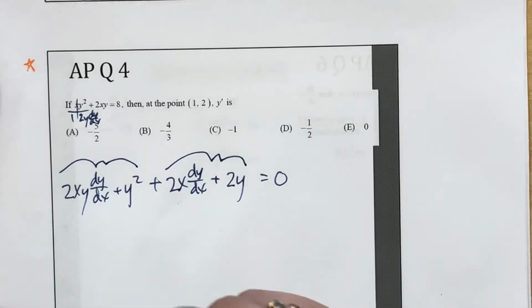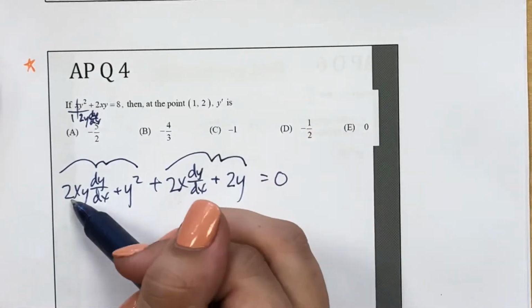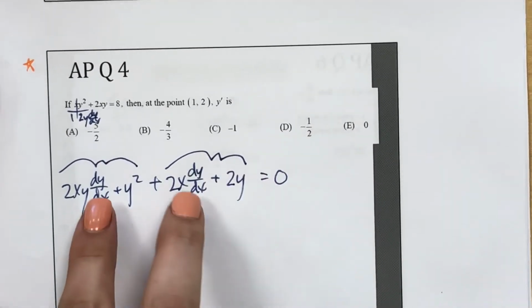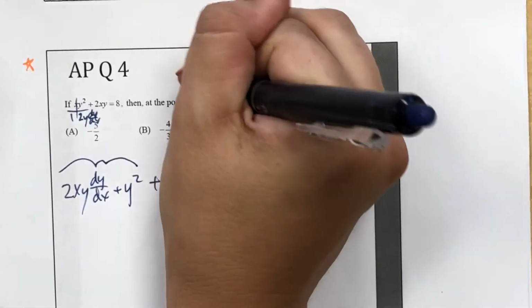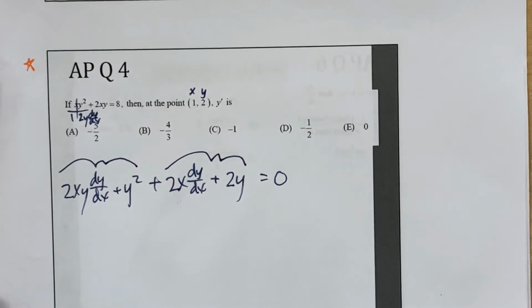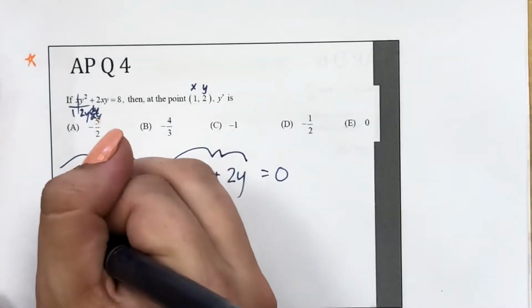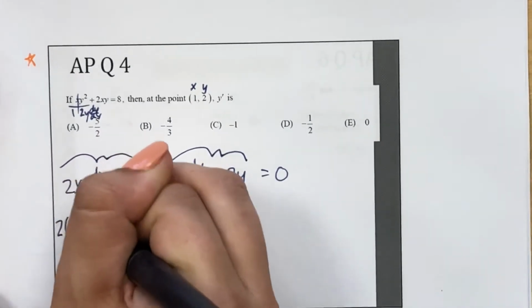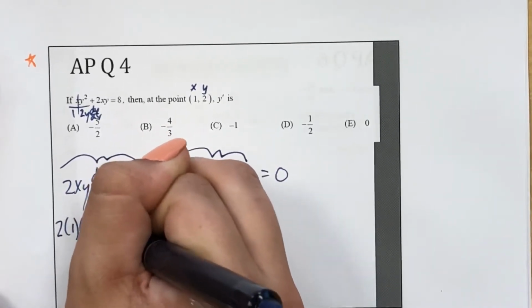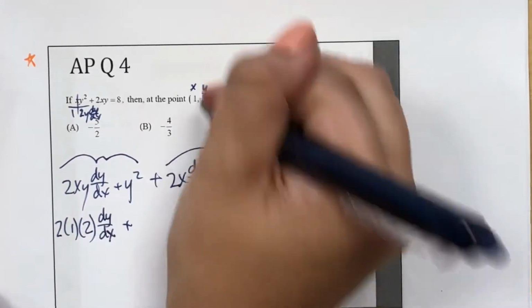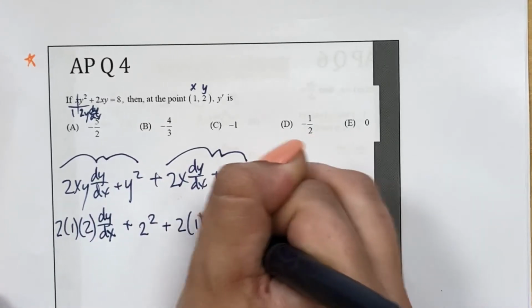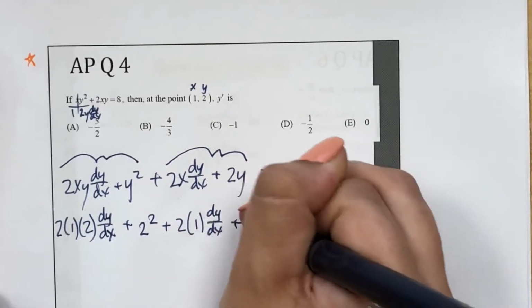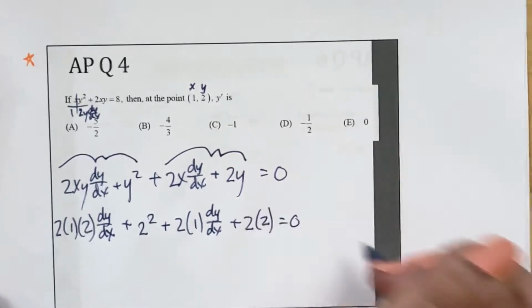Okay, now at (1, 2), here's what I want you to do. I want you to substitute in a 1 for my x and a 2 for my y. I don't need to solve for this first. I don't want to mix them up, so I'm gonna label them. 2xy dy/dx plus y squared is 2 squared plus 2 times 1 dy/dx plus 2 times 2 equals 0.